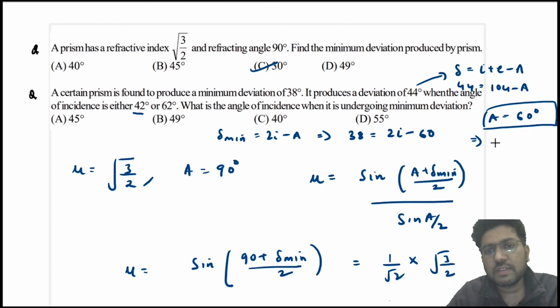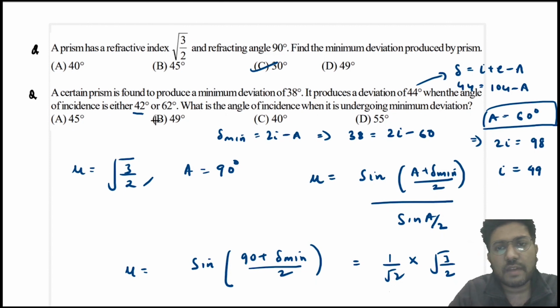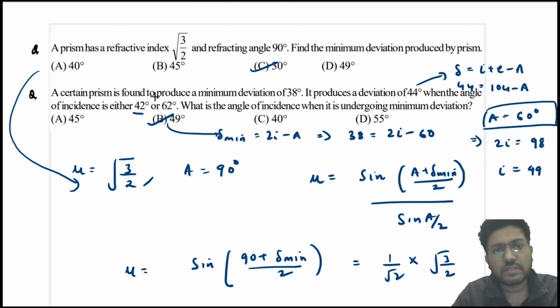So from this you will get 2i is equal to 60 plus 38, that is 98, that means i will come out to be 49. So the i value will be 49 degrees. At this angle of incidence, the angle of deviation is minimum, right? So this was the solution for this question.